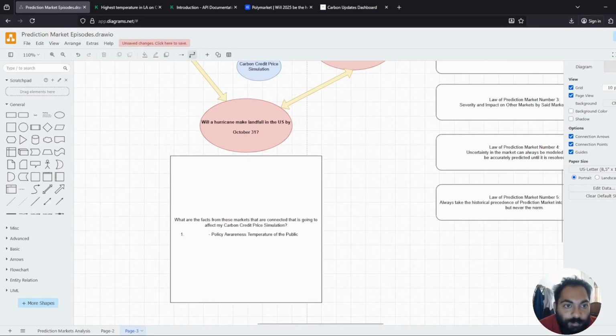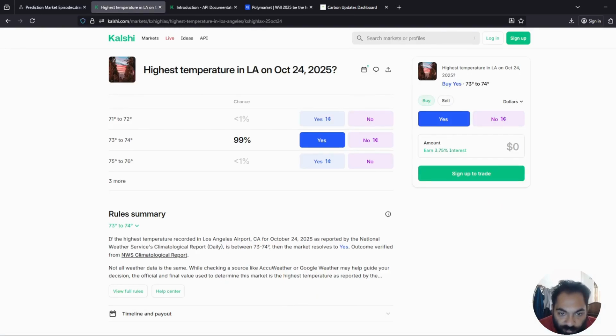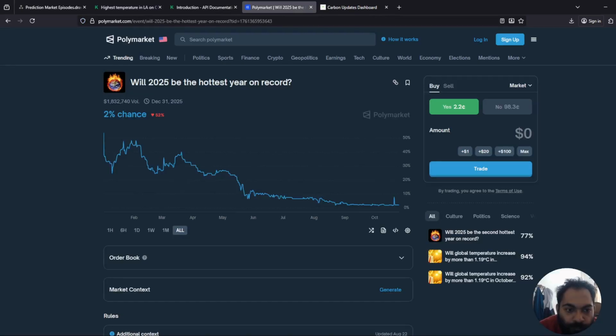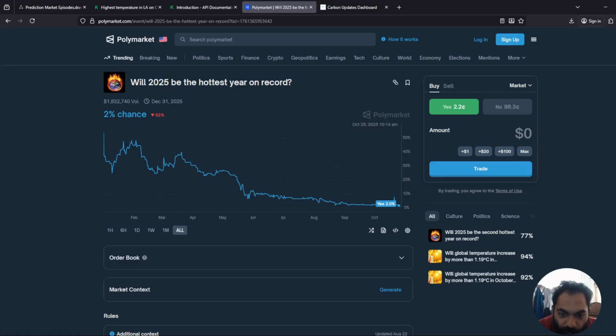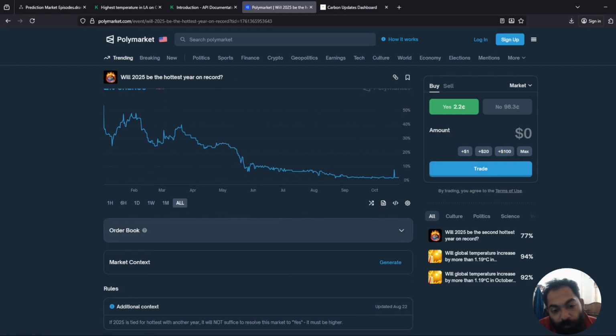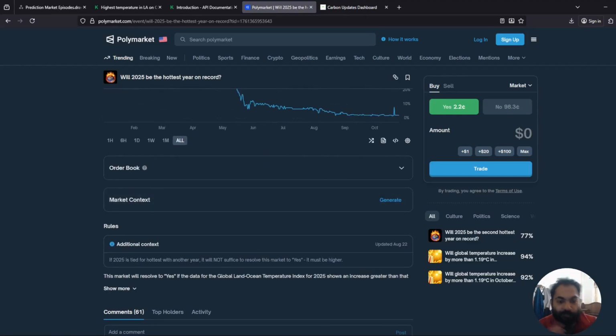So what it means is, let's say there's a clear indicative term or a norm that there is a graph for hottest year on record, right? Now, if there are people saying yes, and they're betting yes, yes, yes, yes, yes, but the outcome is no, that means there's really a bubble on carbon credit prices, right?